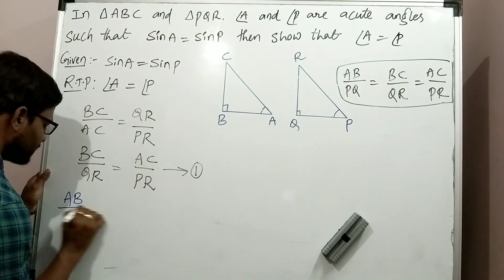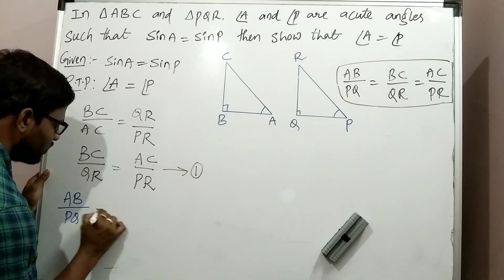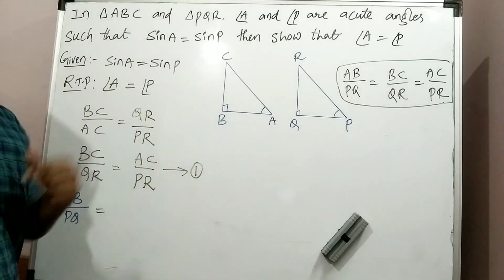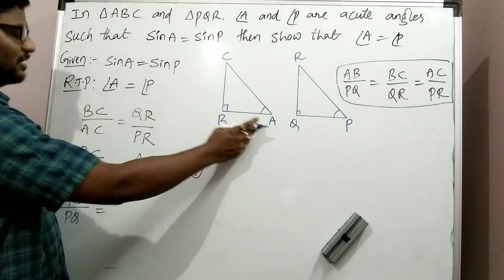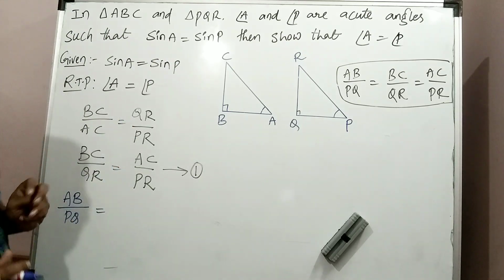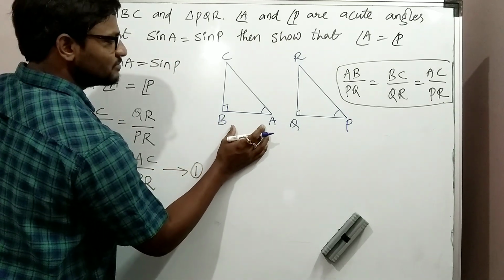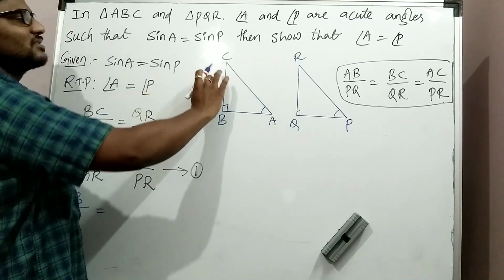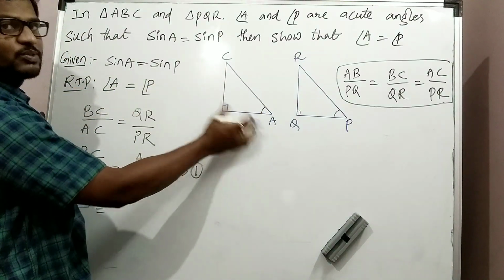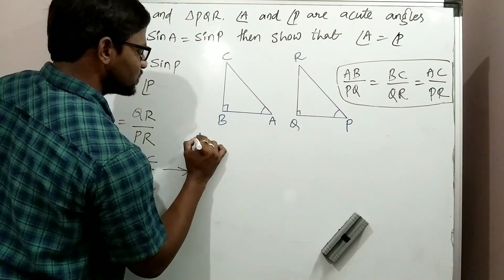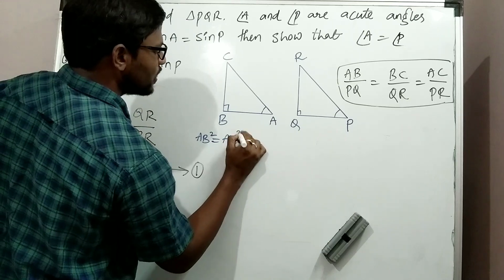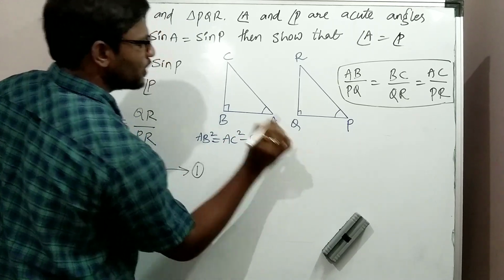What is AB by PQ? From this triangle, I want to write AB and PQ in terms of BC and QR. From the Pythagoras theorem, the square of the hypotenuse equals the sum of the squares of the other two sides. So AB square equals AC square minus BC square.